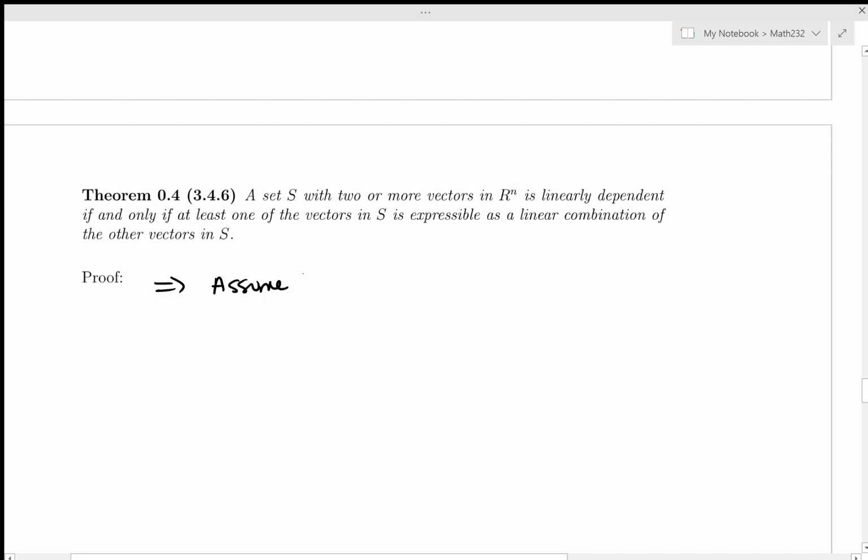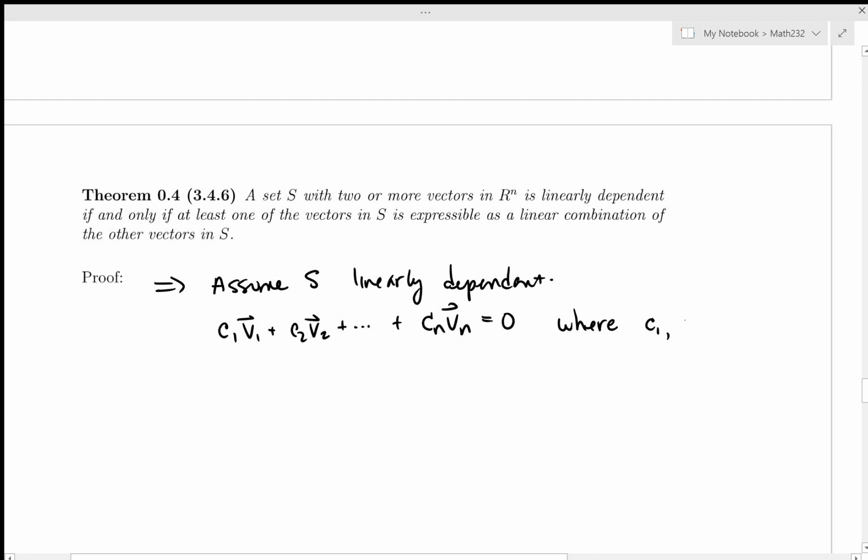We assume S linearly dependent. Okay, what does that mean? That means when we take a linear combination of all the vectors, it will be equal to 0 where C1, C2, etc. are not all 0. Okay, so let's just suppose, and we can pick any one of them.